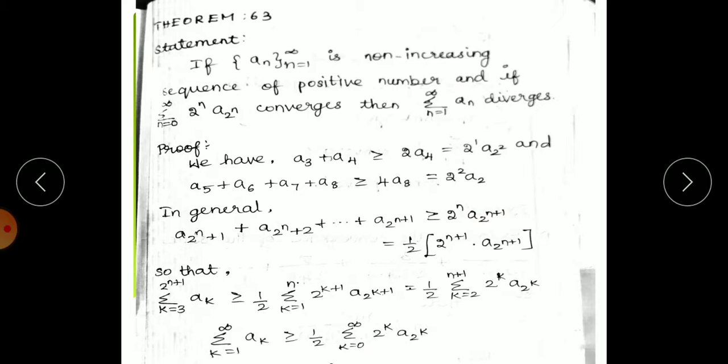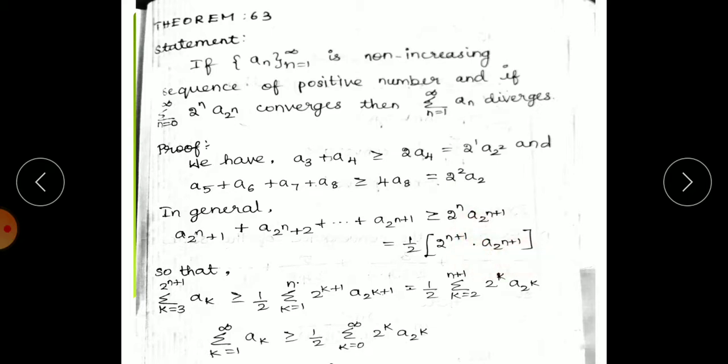So in general, a_(2^n + 1) plus a_(2^n + 2) and so on up to a_(2^(n+1)) is greater than or equal to 2^n into a_(2^(n+1)), which is equal to half into 2^(n+1) into a_(2^(n+1)).